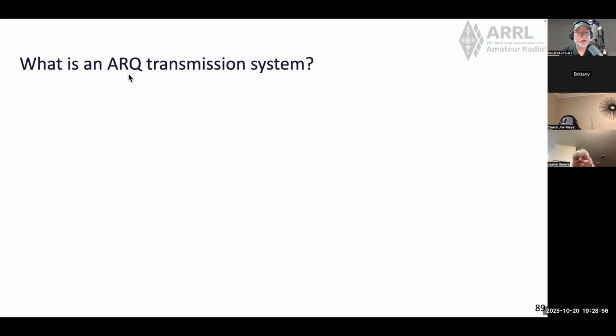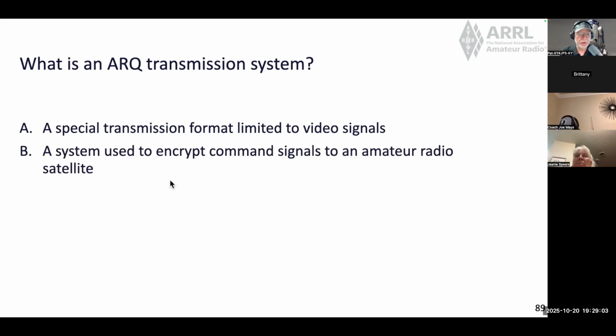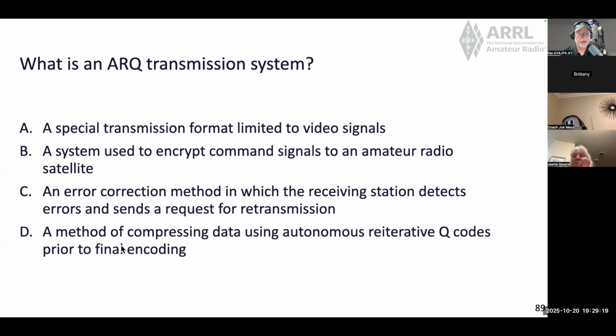What is an ARQ transmission system? A special transmission format limited to video signals. A system used to encrypt command signals to an amateur radio satellite. An error correction method in which the receiving station detects errors and sends a request for retransmission, or D, a method of compressing data using autonomous reiterative Q codes prior to final encoding.